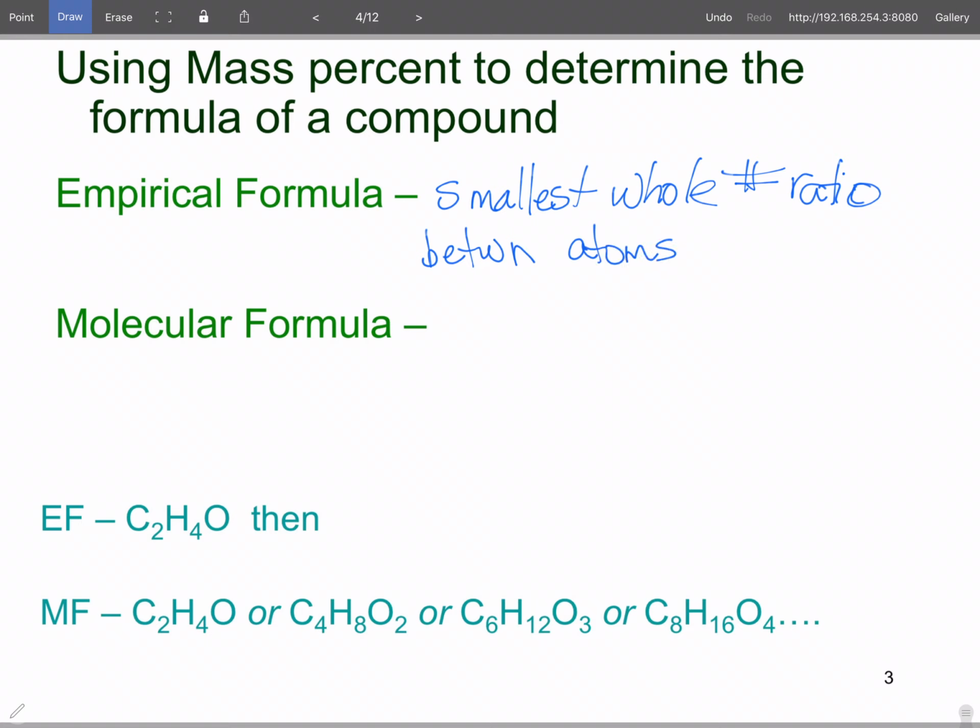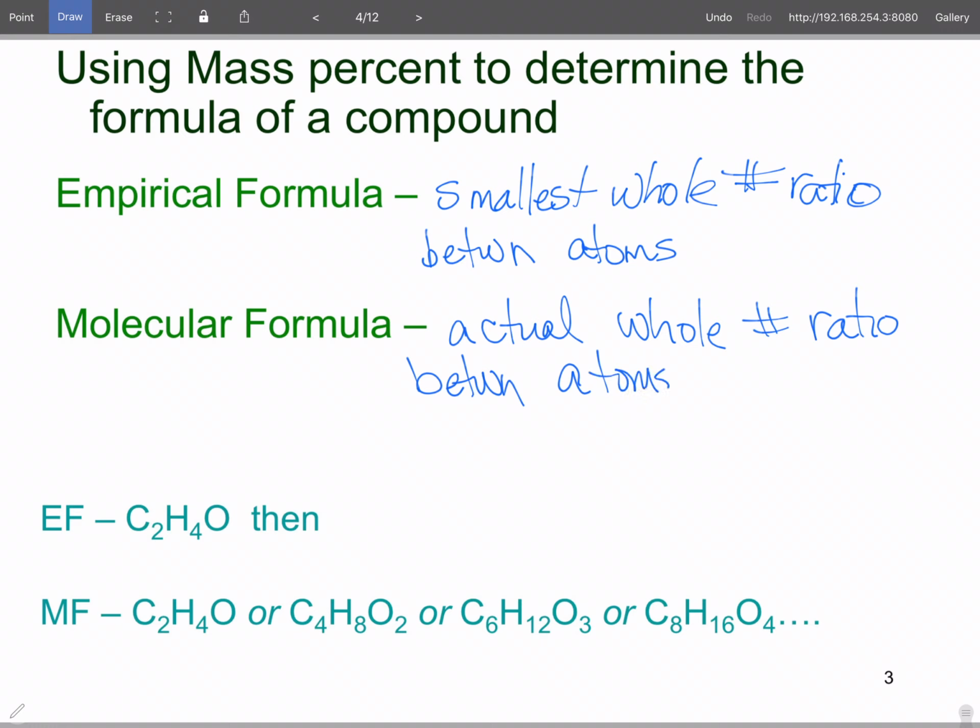The molecular formula is the actual whole number ratio between atoms in a molecule. Now, the interesting thing is that molecules tend to have, not always, formulas that are large.